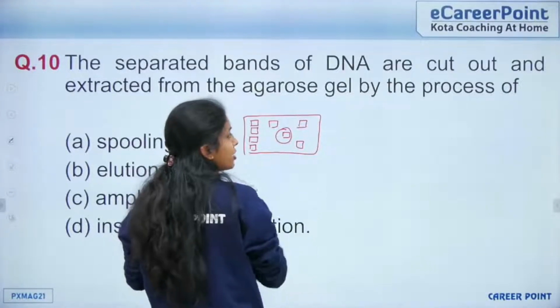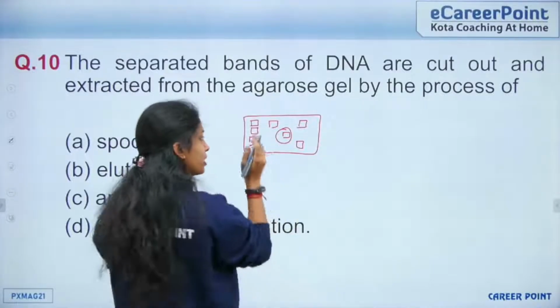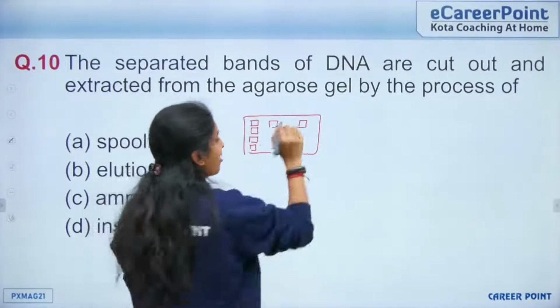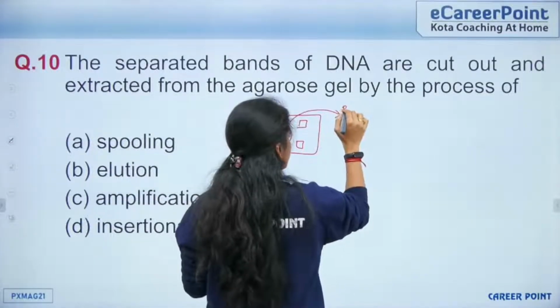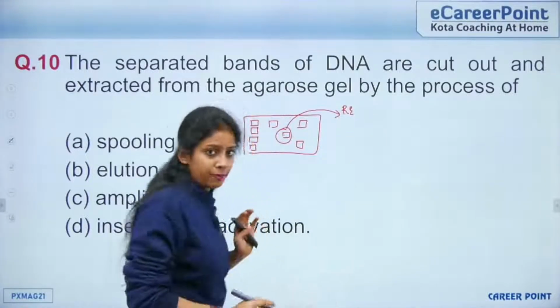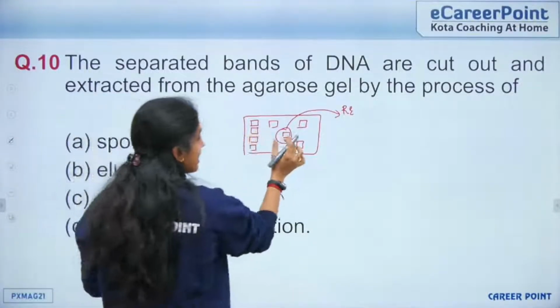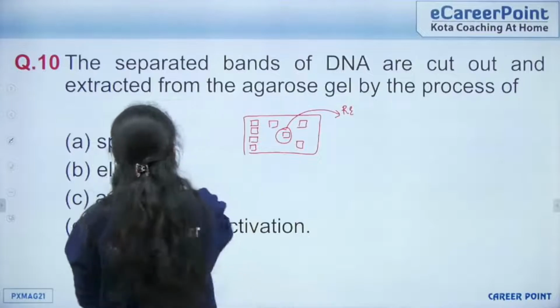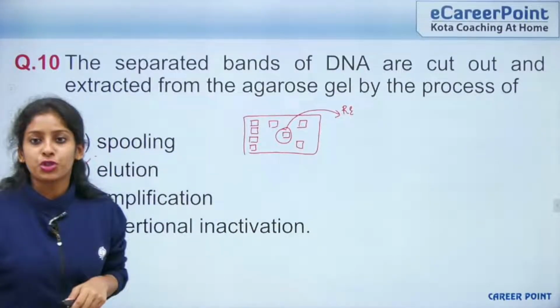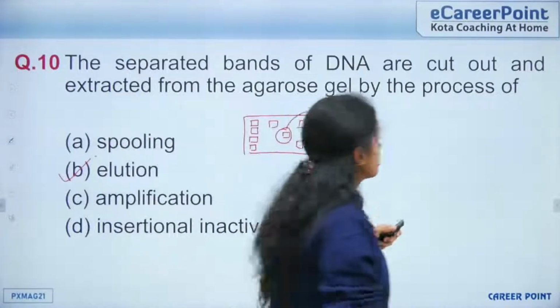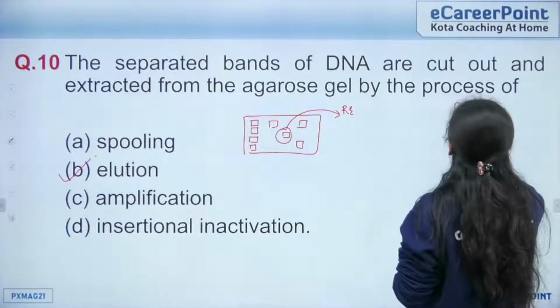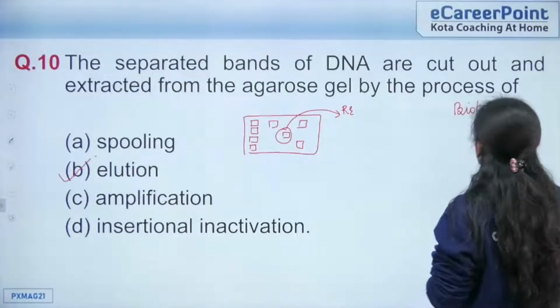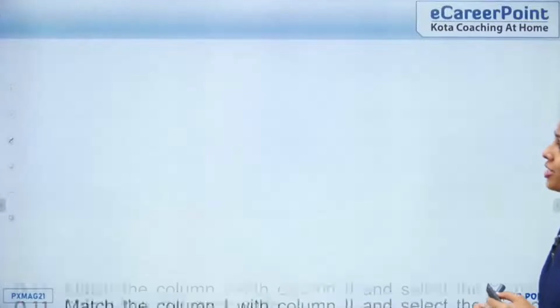If this is my gene of interest, I have found it with reference to my ladder. I have to take this back so that my restriction ligation can be done. This process of taking the DNA from the gel is called elution. This is option B. This again comes from the same topic, biotechnology, principles and process. So question 11.